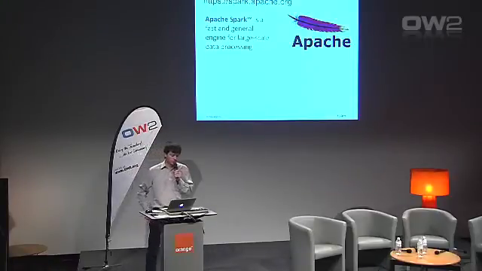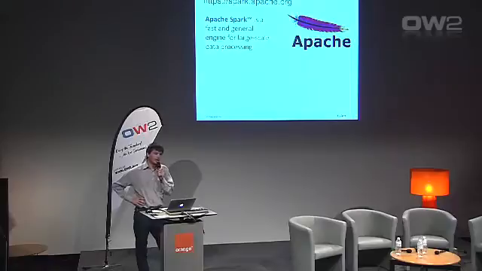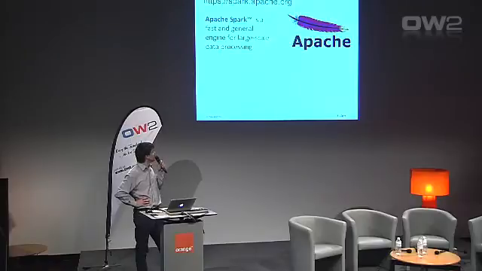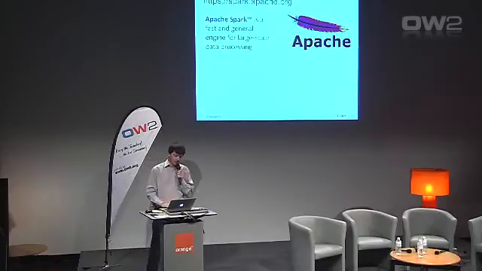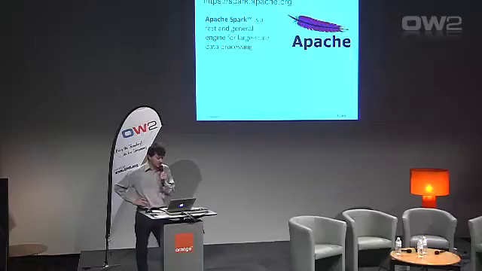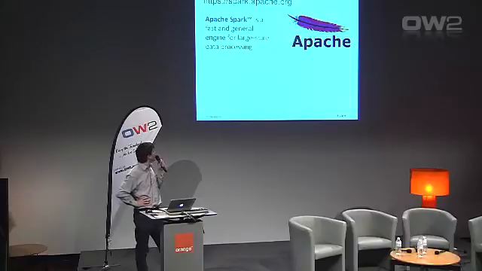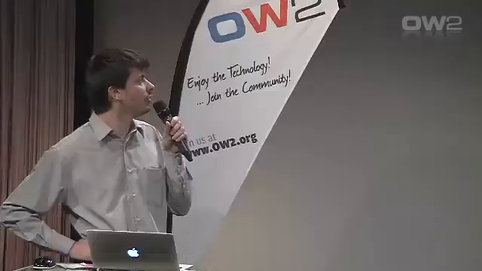This is a new engine for data processing, and also more. We will show that it can work in memory. There are several ways to use Spark, either in a standalone mode or directly running on top of Hadoop, on top of Yarn, for example.